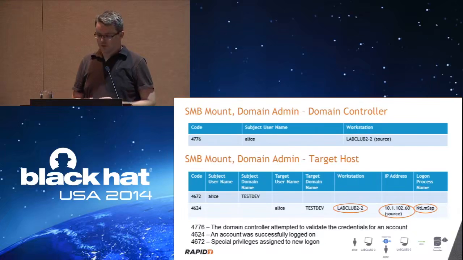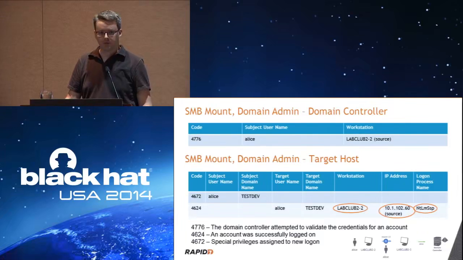On the target machine, we get the source IP address and the valid workstation name, as opposed to what we saw when we were executing with Metasploit. In this case, since it's not an impersonation, we went from Alice's account to Alice's account. There was no information captured on the source host of this activity at all.